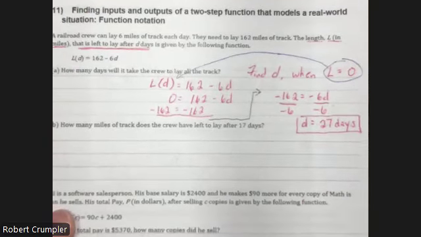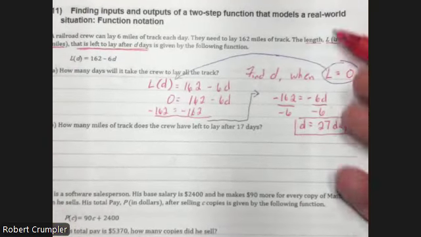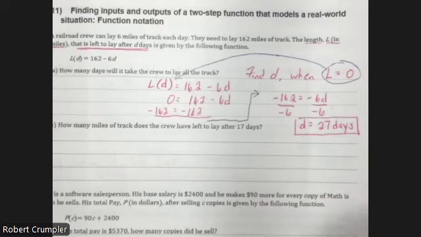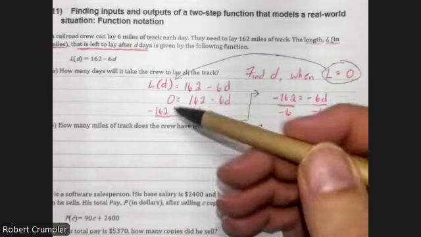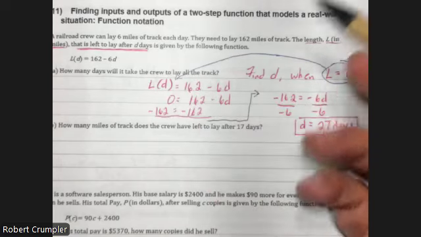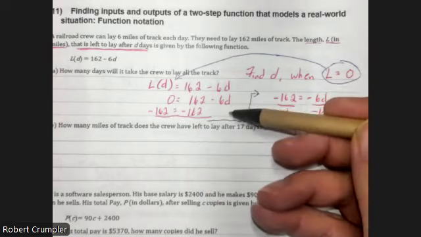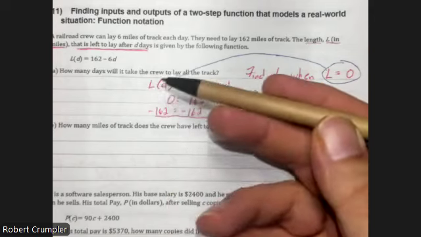That's saying it's going to take 27 days for all of the track to be laid, so that there is ultimately no track left to lay. In this scenario, notice we had to solve for the input D given the output L.